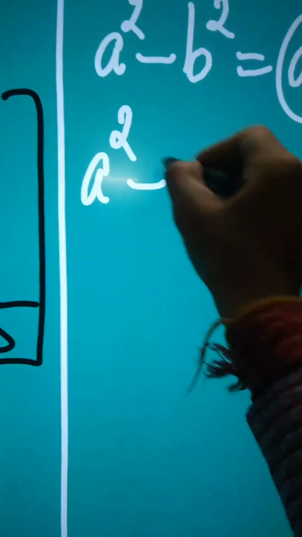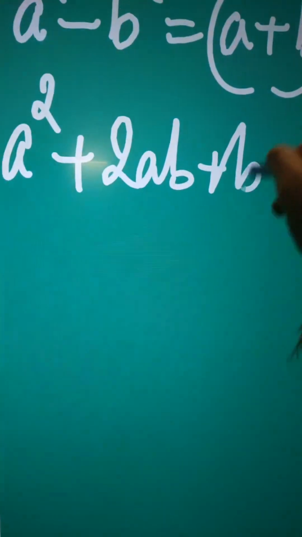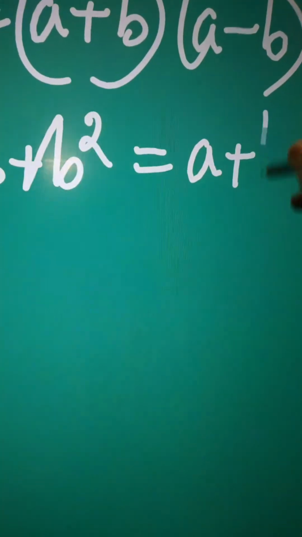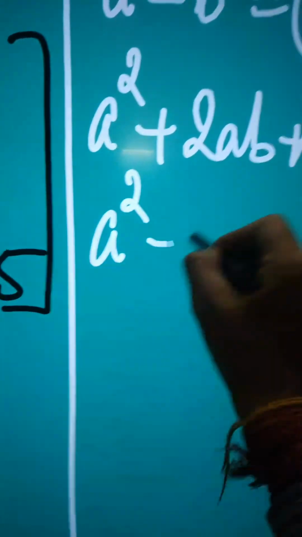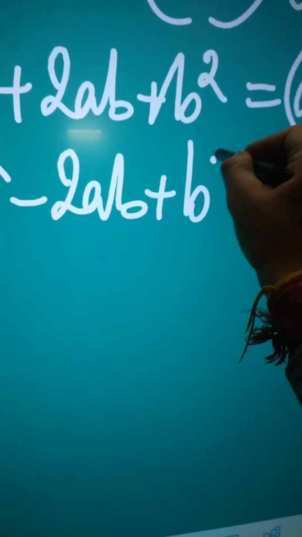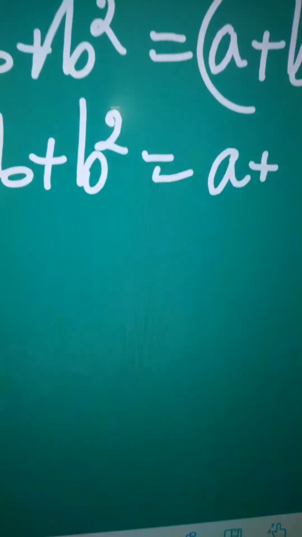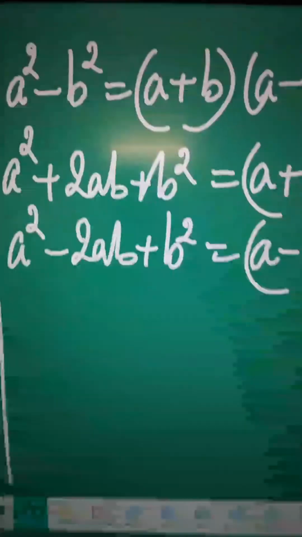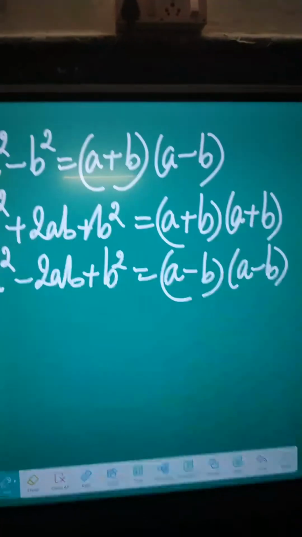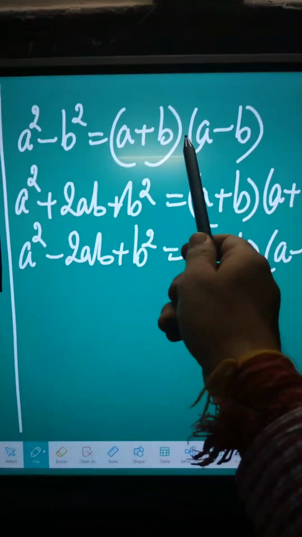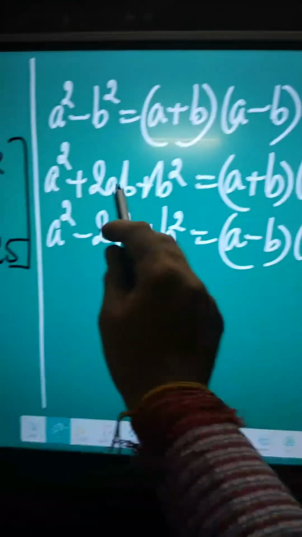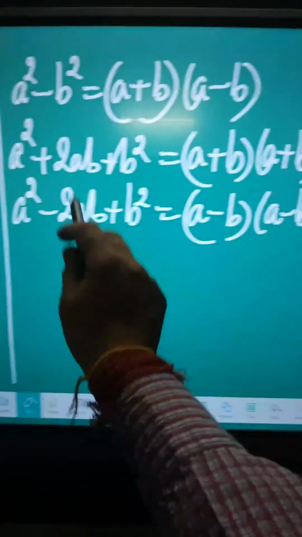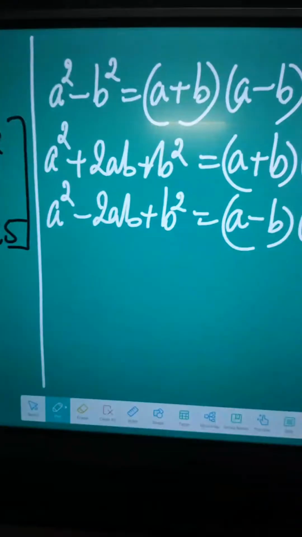Then we have used a square plus 2ab plus b square. We have already done these formulas. But if you see in multiplication, we use the formula in the reverse form. So earlier you have used the formula a plus b into a plus b is equal to this, a minus b is equal to this, or a minus b square is equal to this.